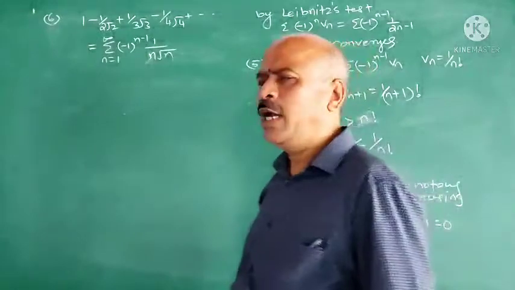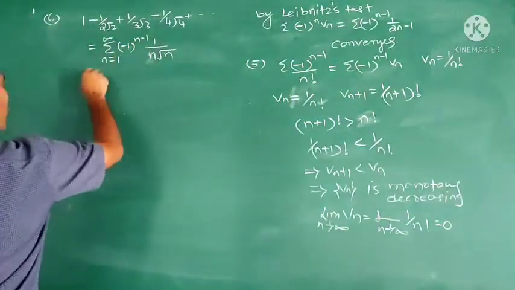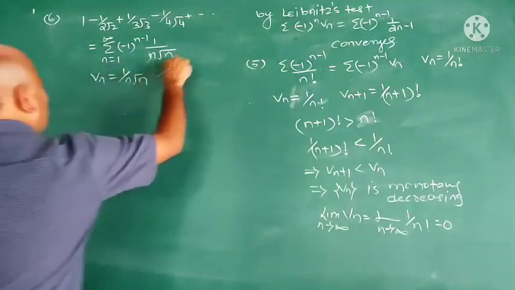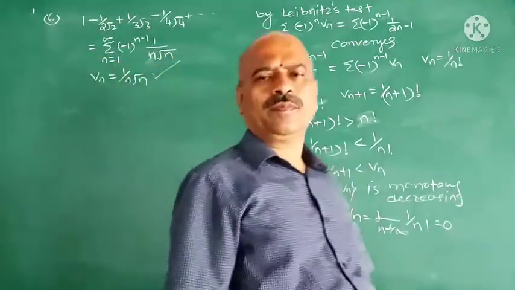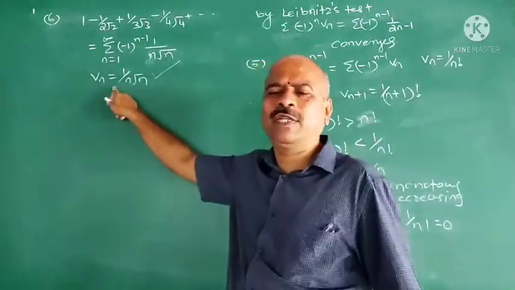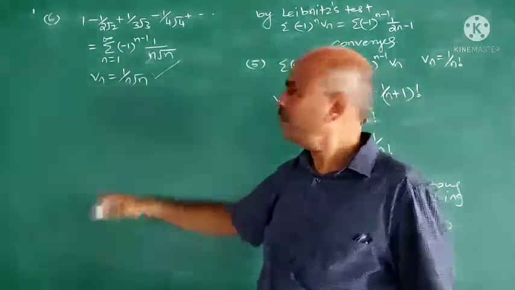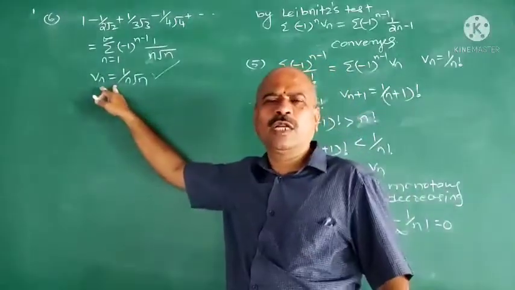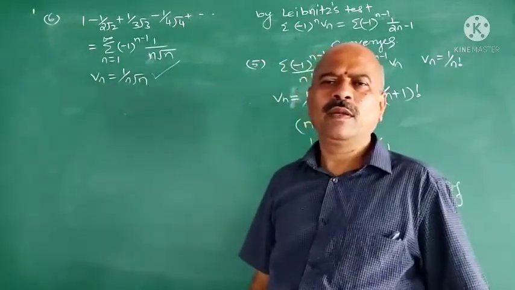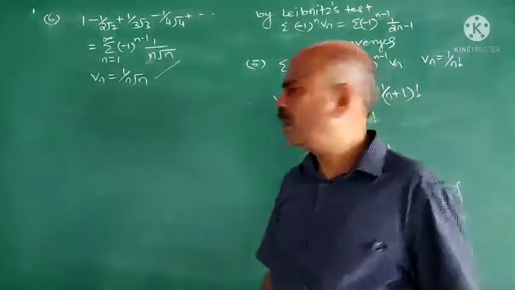This is alternating series and standard form is minus 1 raised to n minus 1 Vn. What is Vn? 1 upon n root n. Now, the convergence depends on this series. Convergence depends on the sequence Vn, not series, sequence Vn. What is Leibniz test? If this is monotonically decreasing and tends to 0 as n tends to infinity, then sigma minus 1 raised to n minus 1 Vn converges.